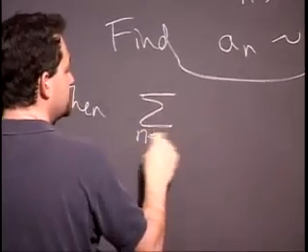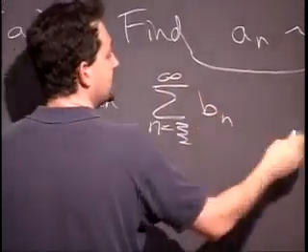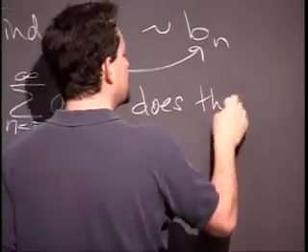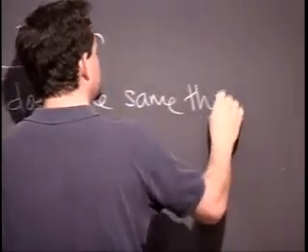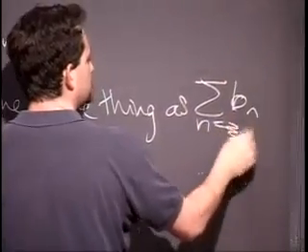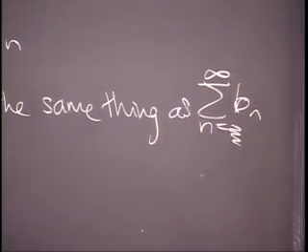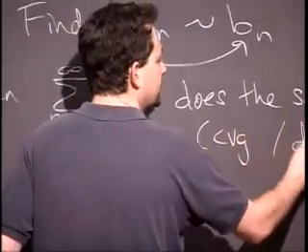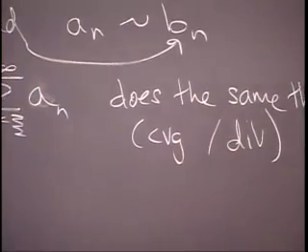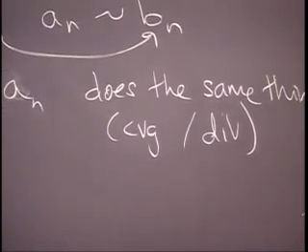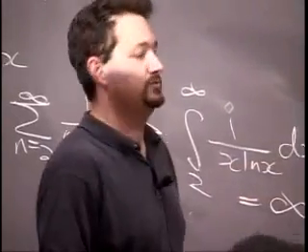Then the sum of an does the same thing as the sum of bn. What do I mean by does the same thing? I mean converges or diverges. Now, if the bn series diverges, then so does an. If it converges, the an series converges, but not necessarily to the same thing. You just know whether or not it converges.